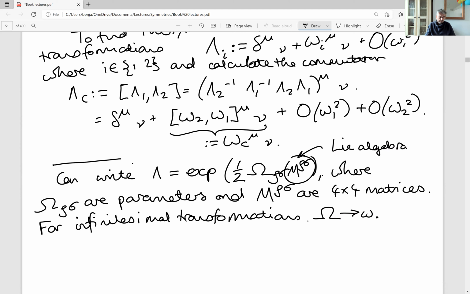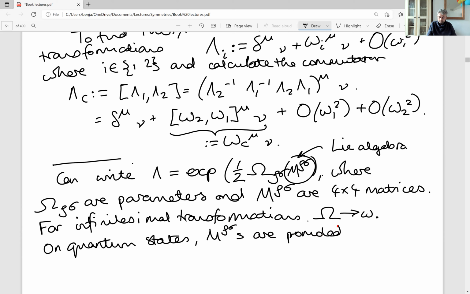But what happens is, acting on a quantum state, these M rho sigmas are promoted to anti-Hermitian operators that act on the states. And then instead of lambda, we obtain a unitary operator to act on the quantum states.